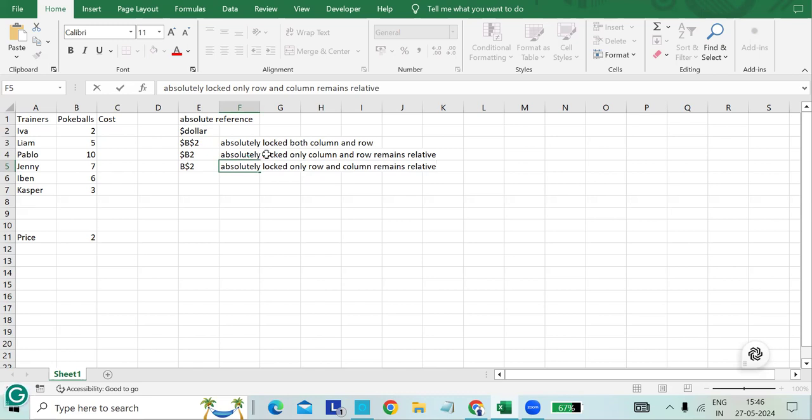So these are the three different dollar signs we can assign in the absolute reference.